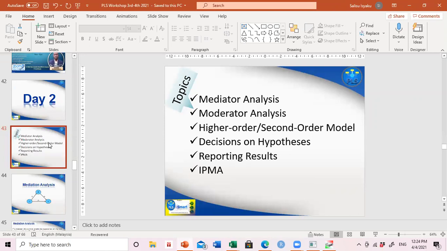You will be cited, you will be published. All the papers I did, I have never reported a paper that is only a direct relationship. All of them have either a mediator or moderator, or I use higher order and include a mediator or moderator.